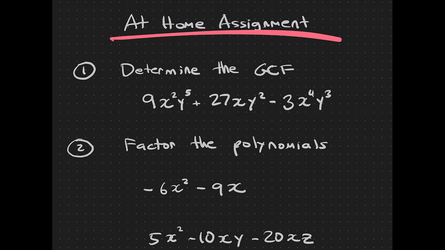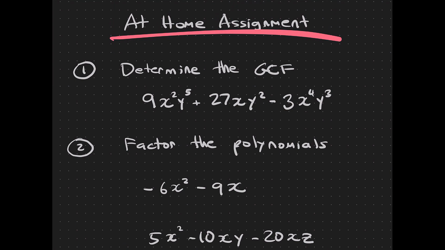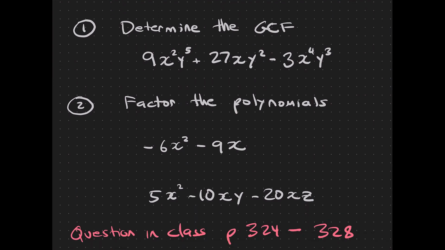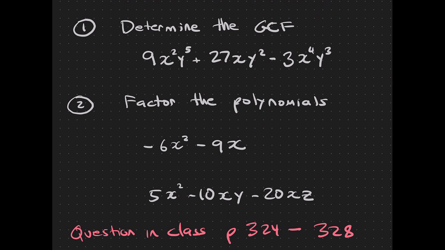All right, you guys. Well, here is our at-home assignment. I just got 2 questions. Second question has 2 parts or 2 examples in there. First one, I just want you to take that trinomial right there and determine the greatest common factor. So just find the greatest common factor. In part 2, we want to factor it completely. So we should end up with this equals something that is pulled out, that's factored out, and whatever else is remaining.